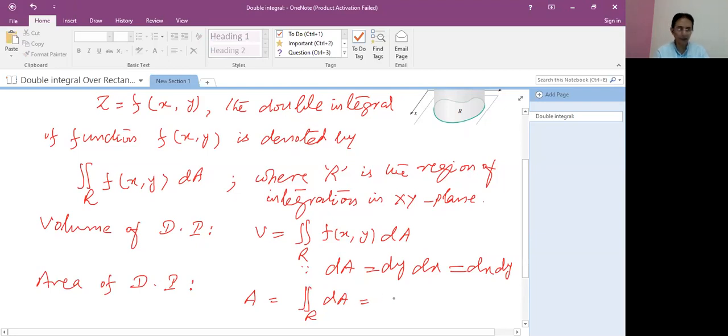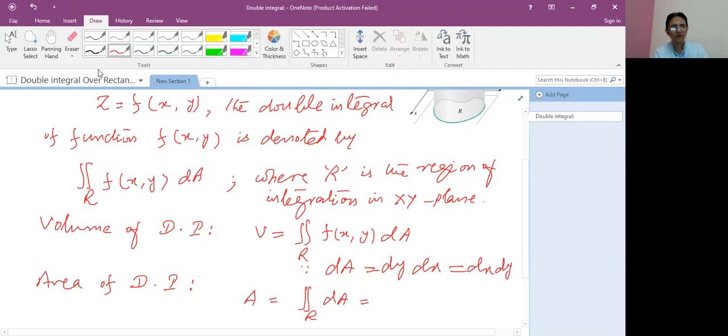You integrate without the function, where dA is equal to dy dx or dx dy.